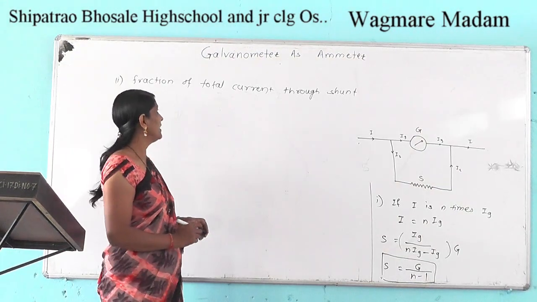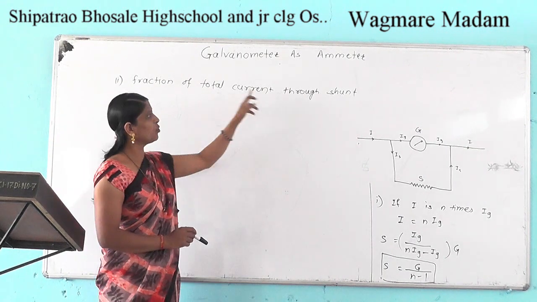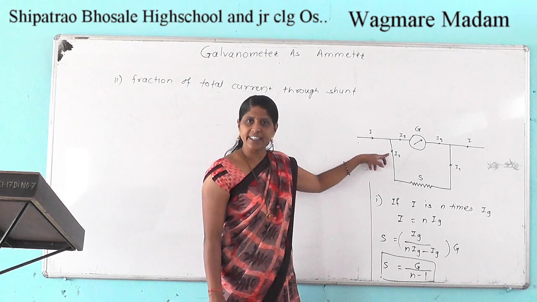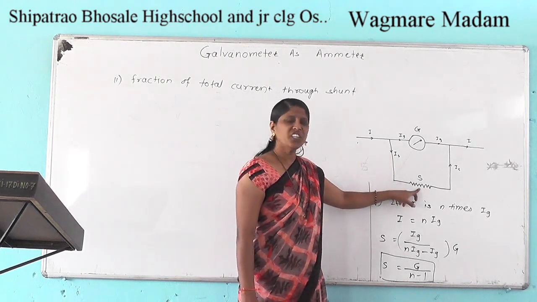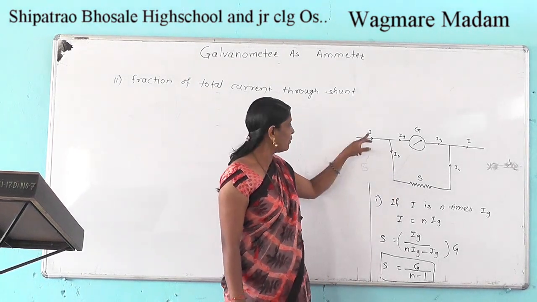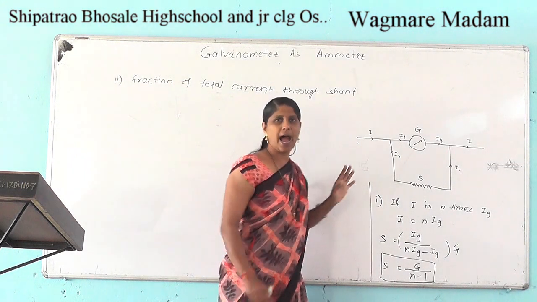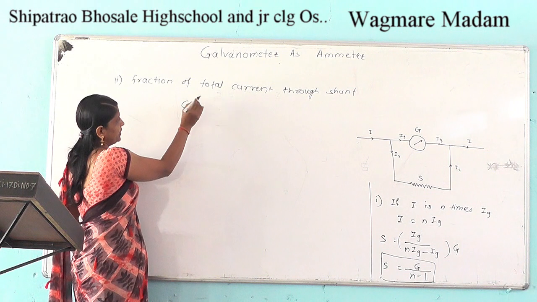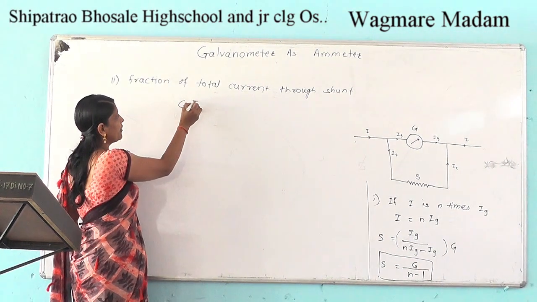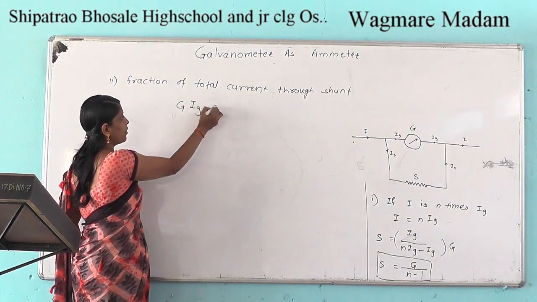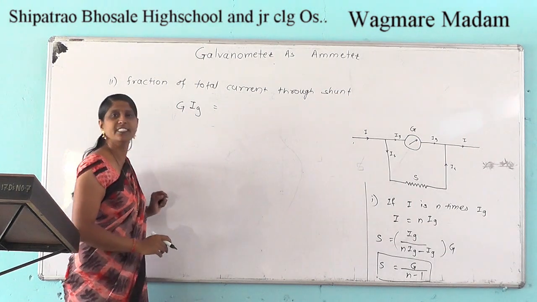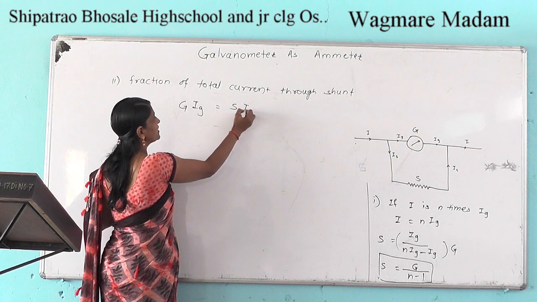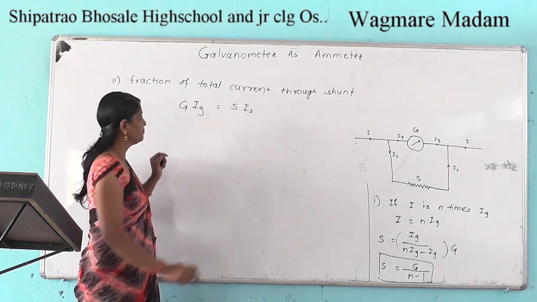We have to find the fraction of total current through the shunt. It means how much current is flowing through the shunt resistance out of the total current I. Now we know that G, the resistance of the galvanometer, into the current flowing through the galvanometer, that is the potential difference across the galvanometer, is equal to the potential difference across the shunt.